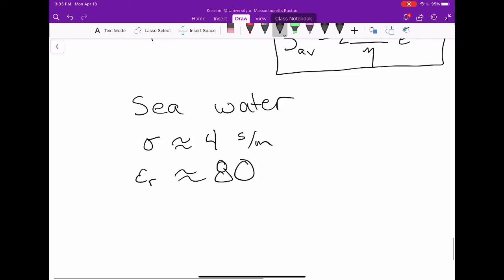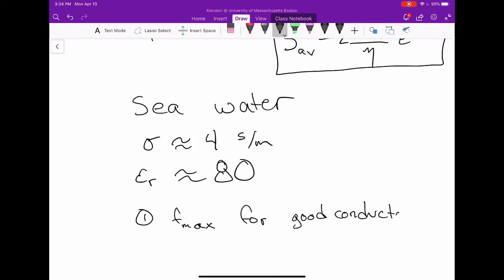So the question is, what's the maximum frequency at which seawater is a good conductor? And what's the minimum frequency at which it's a good dielectric?